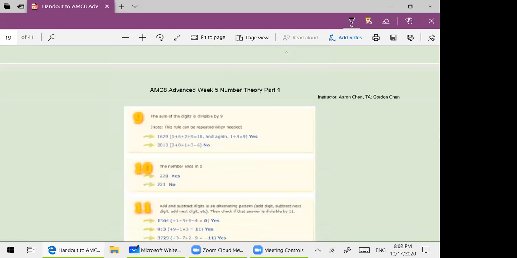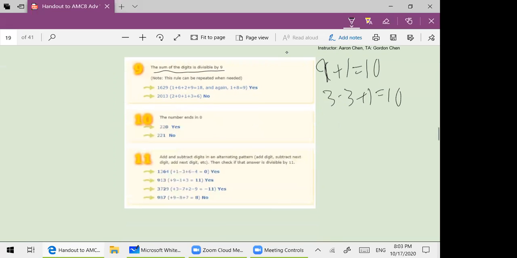So 9. The sum of the digits are divisible by 9. And you can prove this fact by using the fact that 9 plus 1 equals 10 and some of the divisibility properties, the distributive property. The proof is really similar for 3 because it works this way.